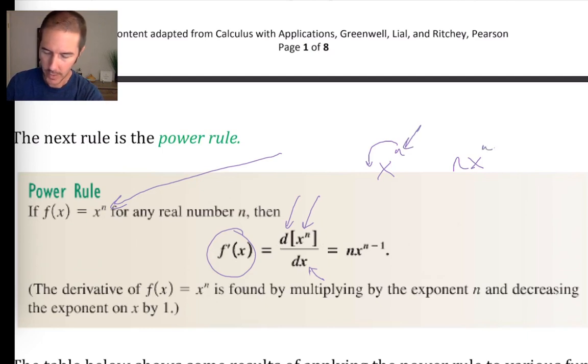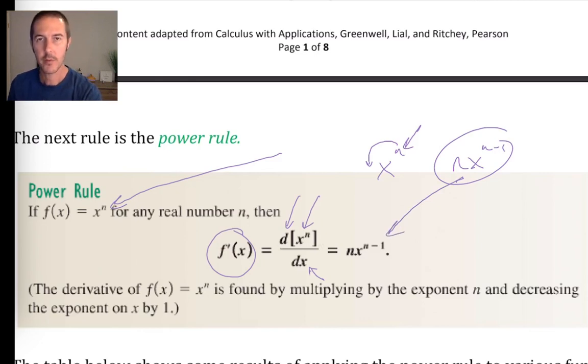So it will turn into n minus 1. And this is what you're seeing here. So the first derivative of x to the power of n is equal to n times x to the n minus 1. We took the exponent, we multiplied it out front of the variable, and then we decreased the exponent by 1.